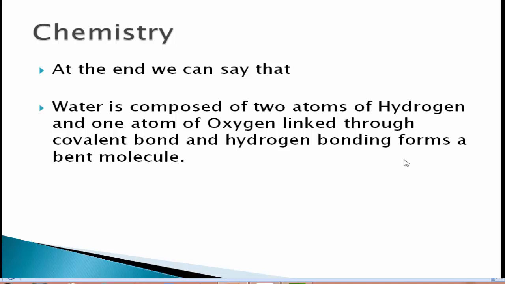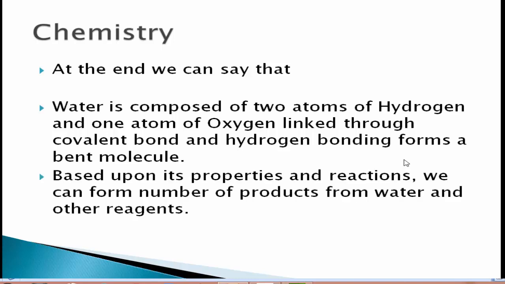Now, at the end we can say that water is composed of two atoms of hydrogen and one atom of oxygen, and the molecule of water is arranged in such a manner that it forms a bent molecule in which oxygen forms covalent bonds with hydrogen.